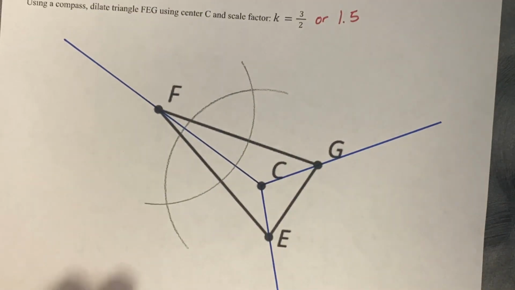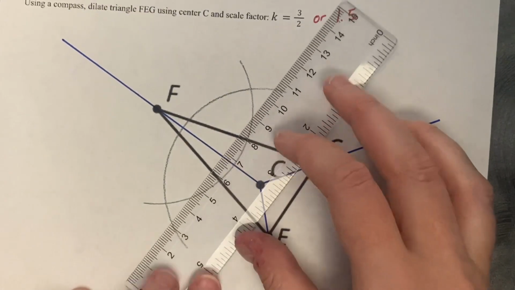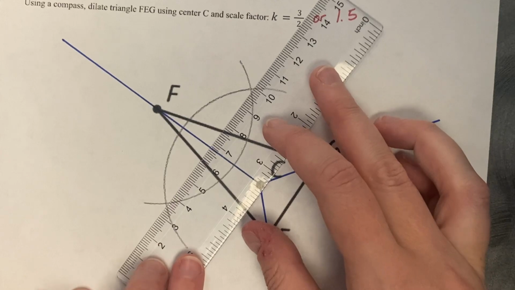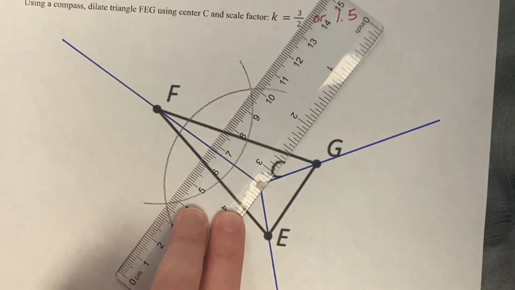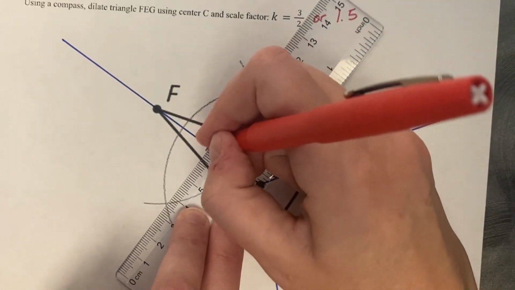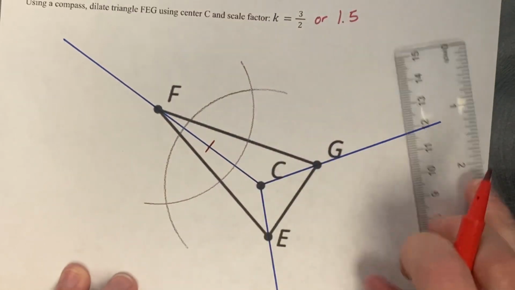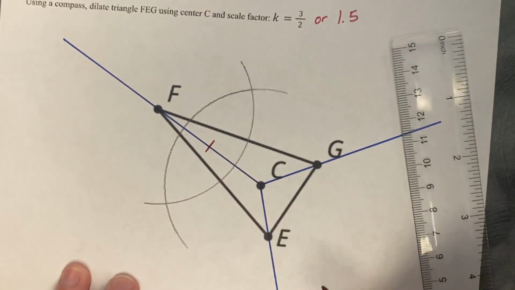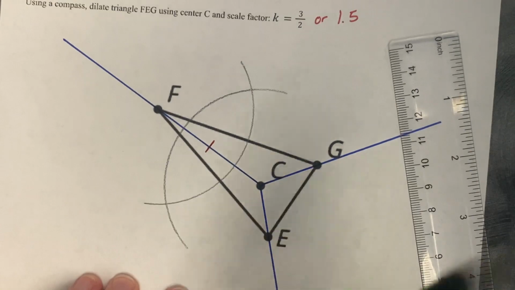So now if we connect those, we don't need to draw the whole line. I just need the midpoint location between F and C. So now that spot right there is the midpoint, and we're going to use that midpoint to make our 1.5.